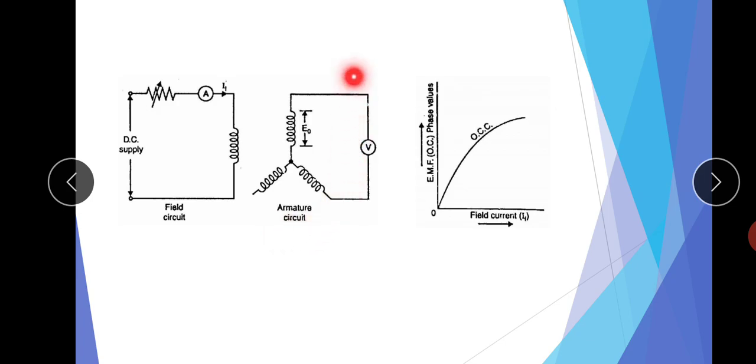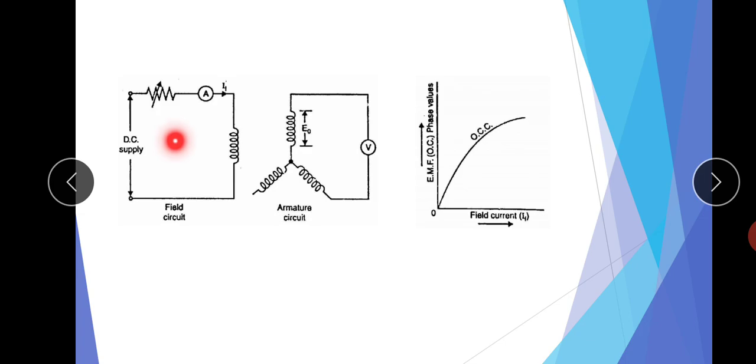The armature is kept open and we measure the voltage across the terminal, the phase voltage. Here is the DC supply to the field and a rheostat resistance. We can control the value of IF, the field current, from this resistance.